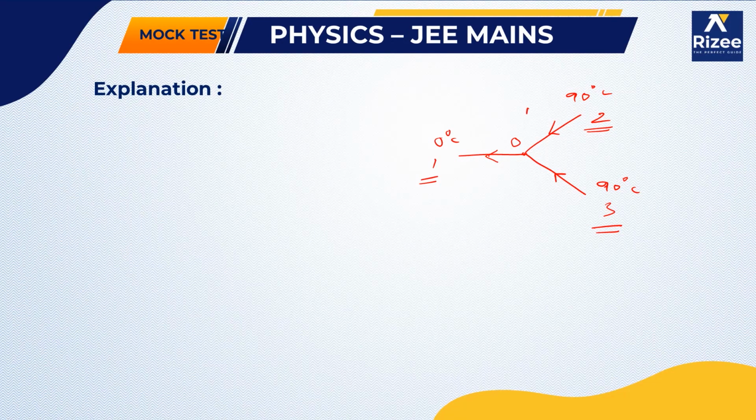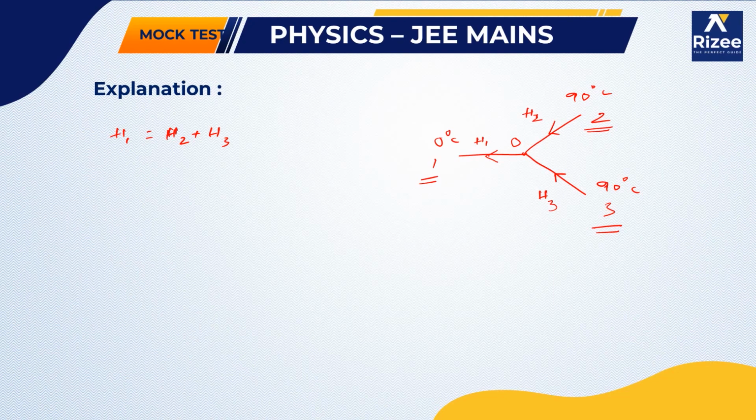Let me take the rate of heat flow here as H1, and the rates of heat flow in the other two as H2 and H3. They are combining to give H1. So I can write the rate of heat flow H1 is equal to H2 plus H3.